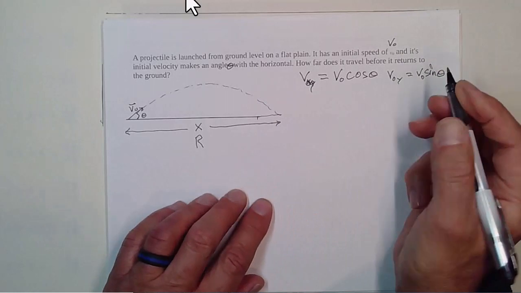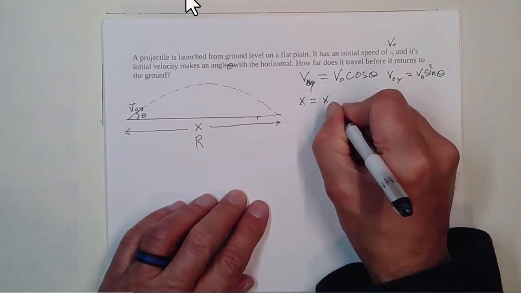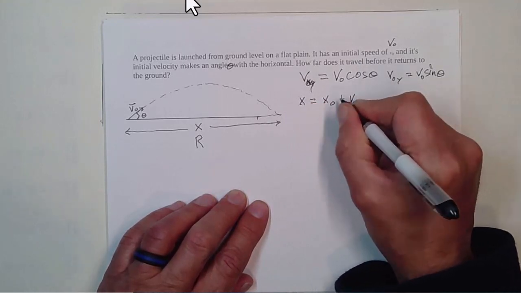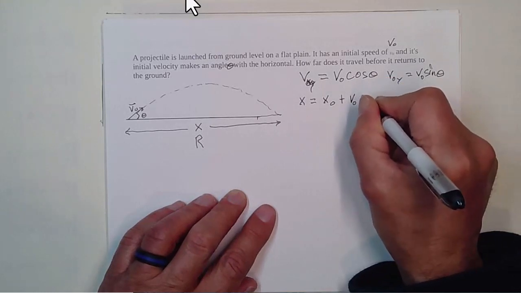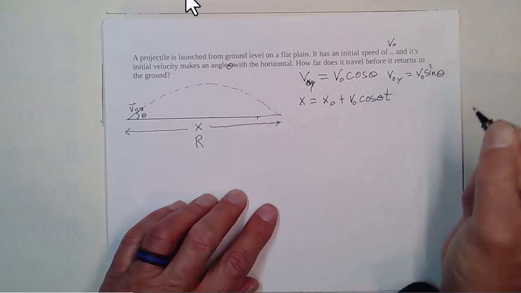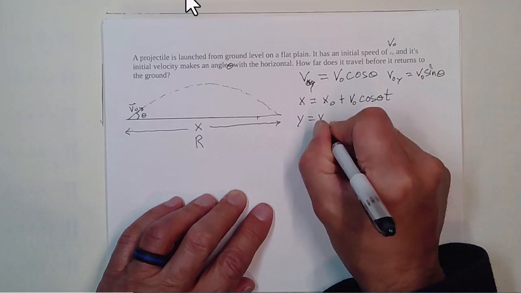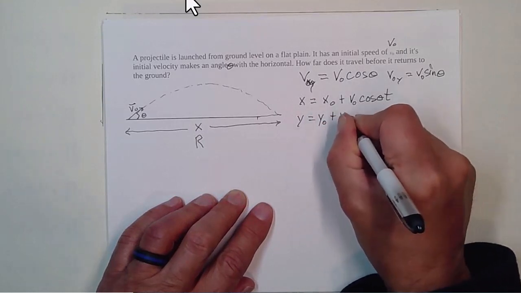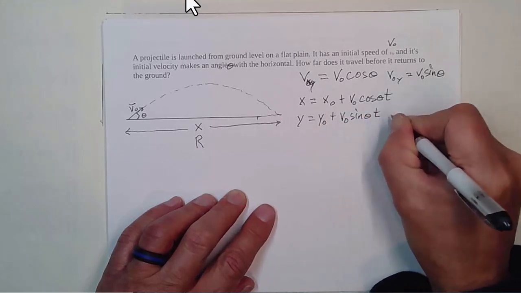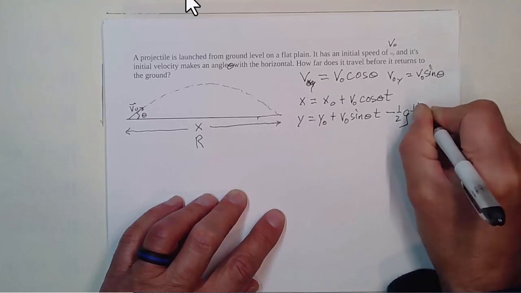And then we have x is equal to x naught plus v naught x t, but let's just call it v naught cos theta times t. And y is more complicated. y will equal y naught plus v naught sine theta times t minus 1/2 g t squared.